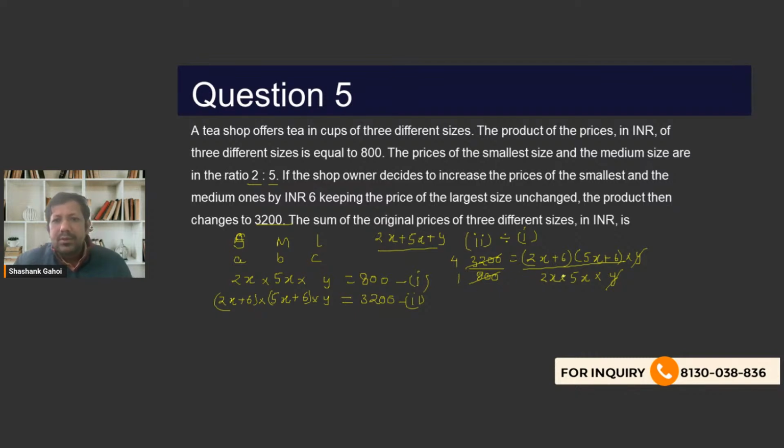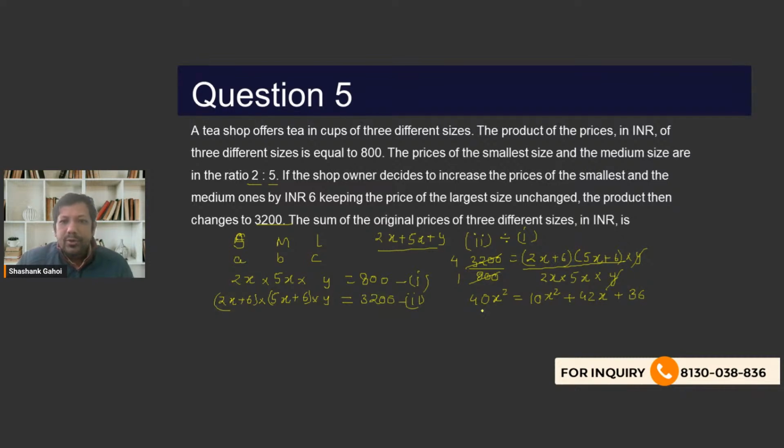Okay, so how can we solve this question? Instead of overcomplicating it, we can directly make a quadratic equation. Basically it is going to be 10x into 4, so 40x square is equal to 2x into 5x, which is 10x square, plus 12x plus 30x, so it is going to be 42x plus 36.